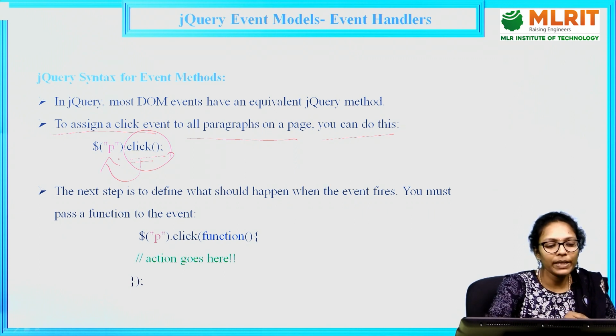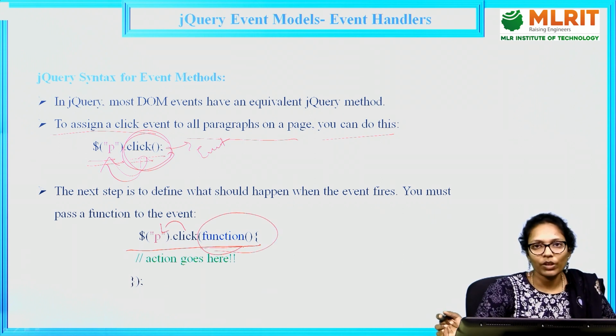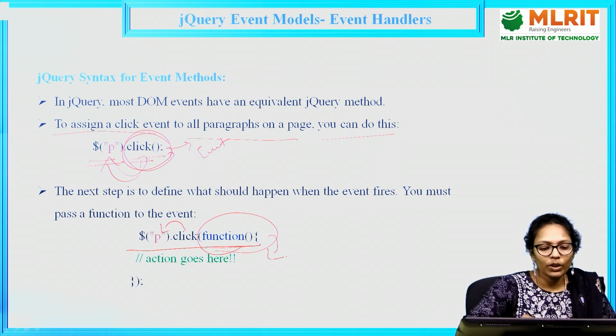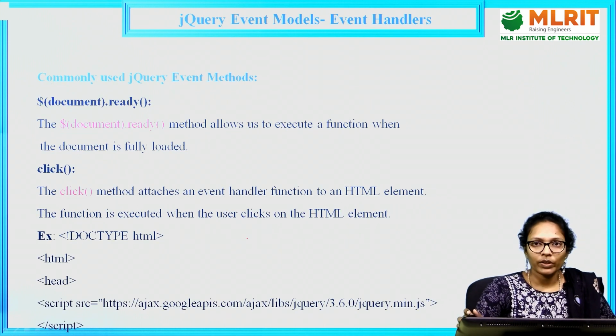So $("p") indicates the paragraph, and click indicates the event here. Whenever you click on this paragraph, what happens is described in this function. Whatever you want to do when you click on the button, you need to write under this function code.